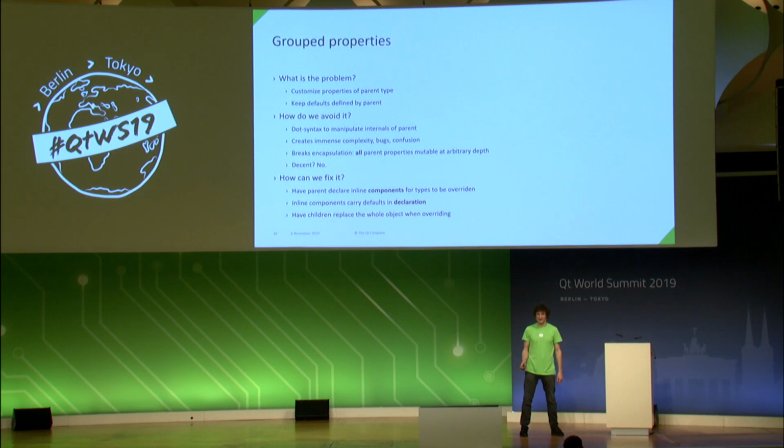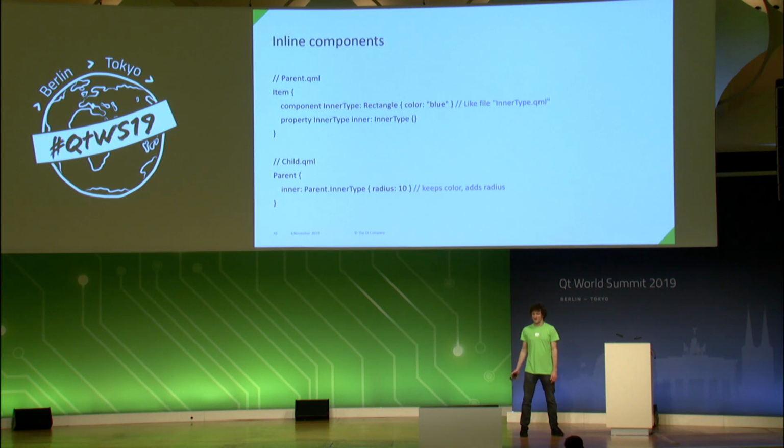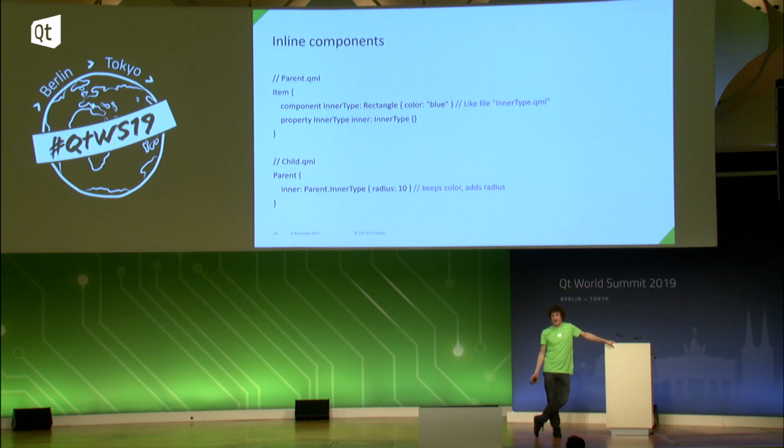What would that look like? The parent QML would define an inner type via the component keyword, and that would have the color blue baked in. And then it would instantiate that as its inner property. The child would know, oh yeah, this thing is an inner type, and it would instantiate the parent's inner type and add the radius.